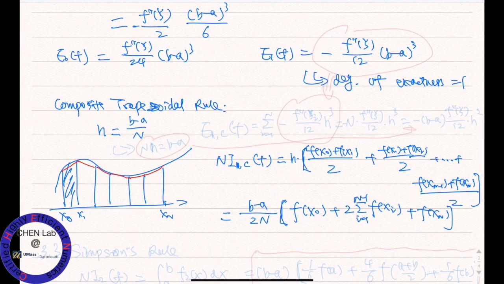Since x1 appears twice, we get 2f of x1. I replace my h by its value.